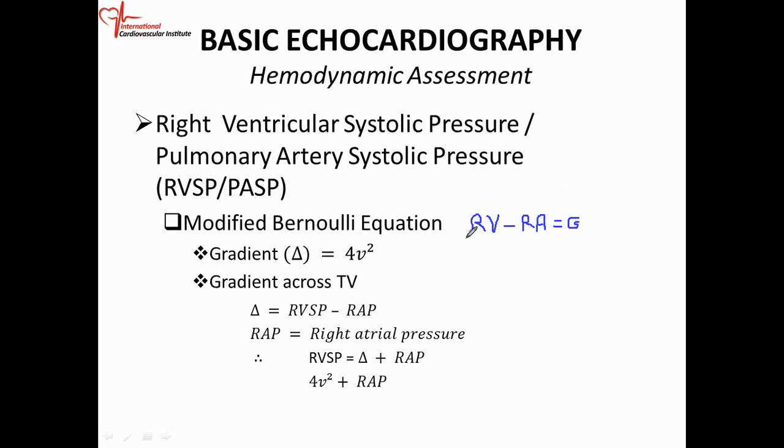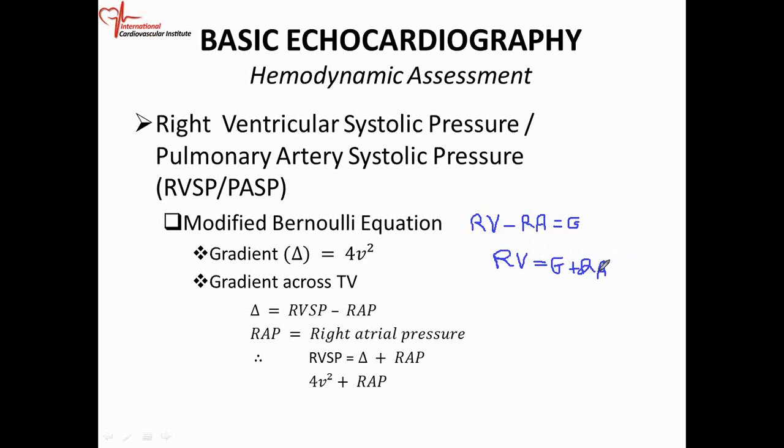If we rearrange this equation, then your RV systolic pressure is equal to the gradient plus the RA pressure. Okay, simple rearranging of the equation.